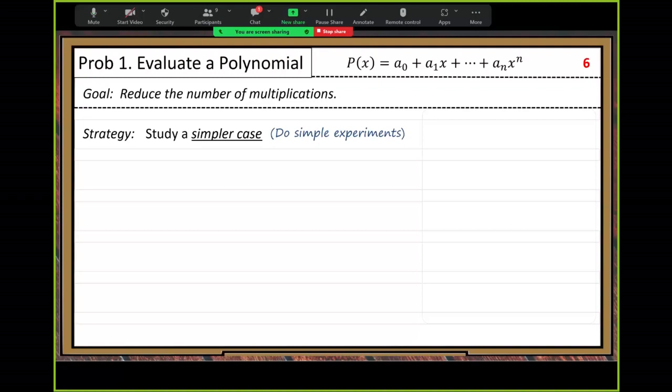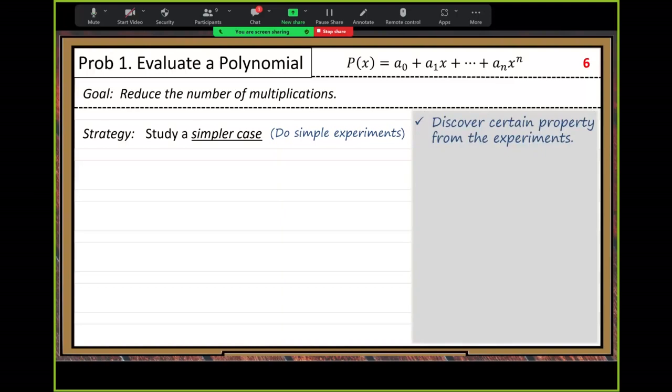Here we do the same thing. So let's work on a few simple cases to get an idea for multiplication reduction.